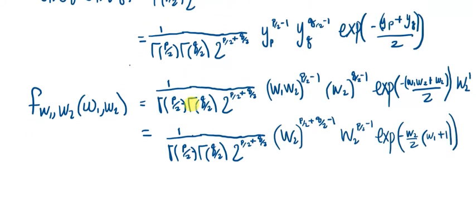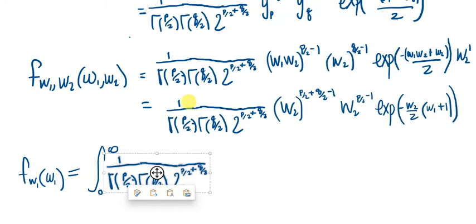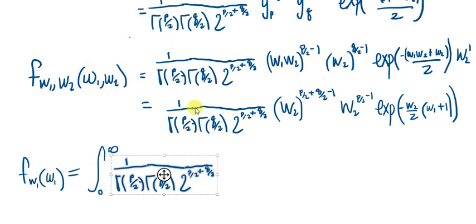Then if we want to find the density of W1, f of W1 is equal to the integral over the entire support of W2, which was from 0 to infinity. Again, we take that constant, bring it down, it hasn't changed. W1 is treated as a constant in this case, and this should have been a W1 right here.